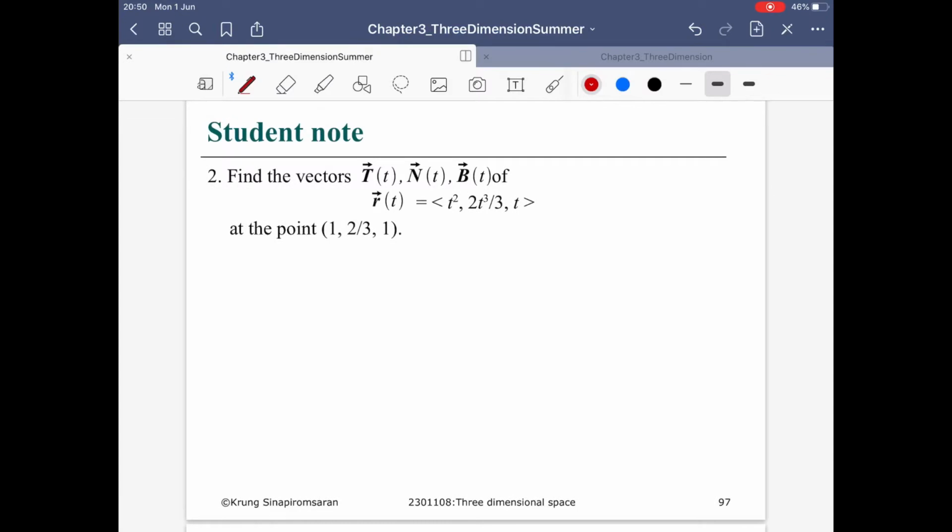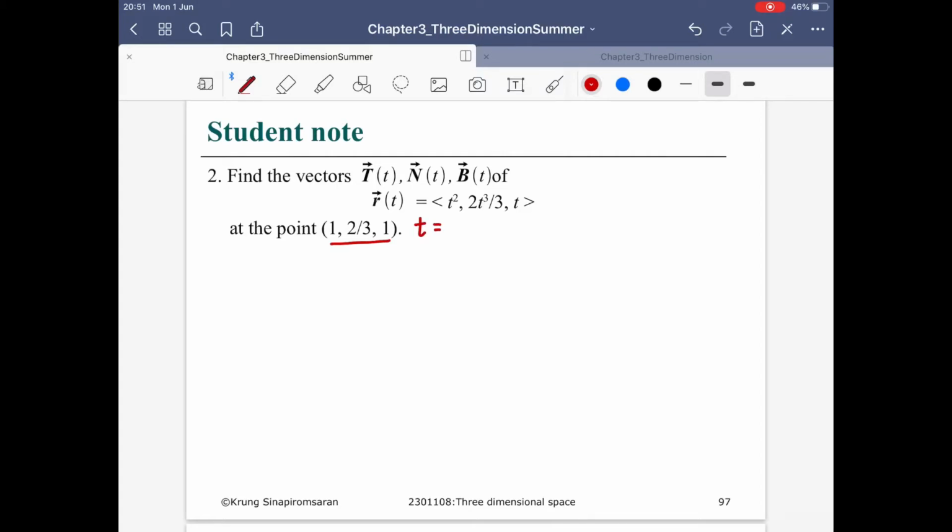You need to find the capital T, capital N, and capital B of this vector function R at a particular point. So this is very important. If you need to find something at a particular point, then you are going to do it at the point t under consideration.